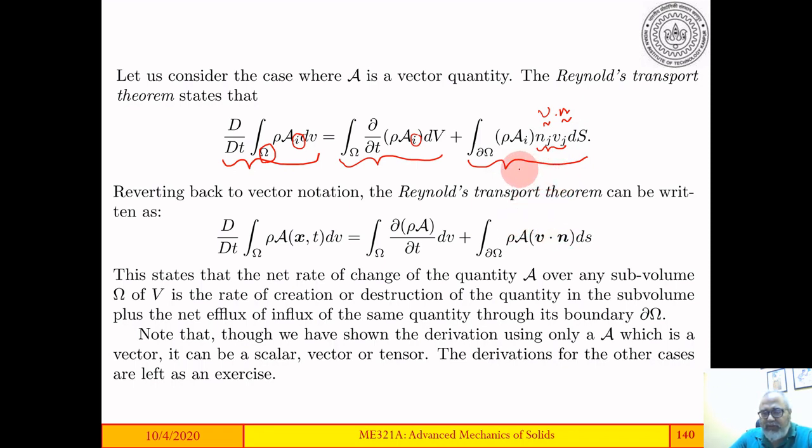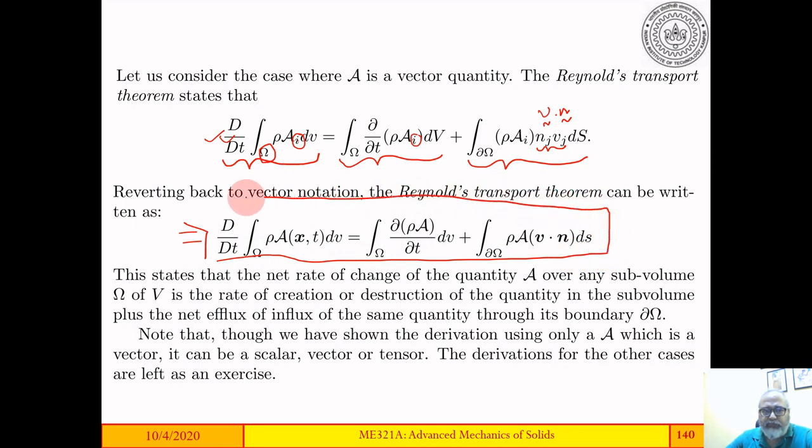And when you write this equation in terms of vectors, you write it for a1, a2, a3 and put them all together, then this is what you get. So this is the Reynolds transport theorem in its vector form. Obviously, it can be written in the same way for a tensor or a scalar as well.